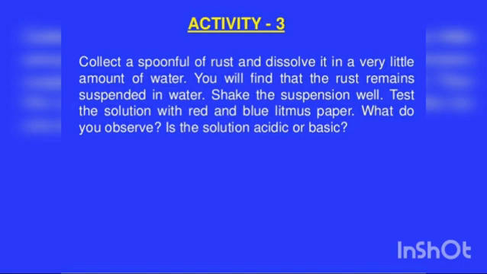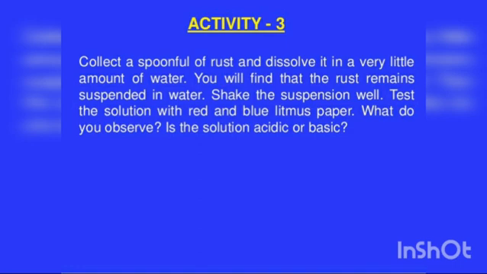Just collect a spoonful of rust and dissolve it in a very little amount of water. Whatever I am telling, I am displaying in the video through the slide, children, please go through it. You will find that the rust remains suspended in water.